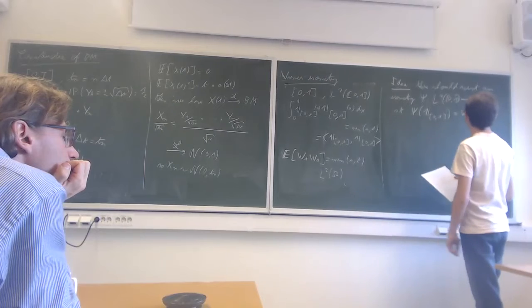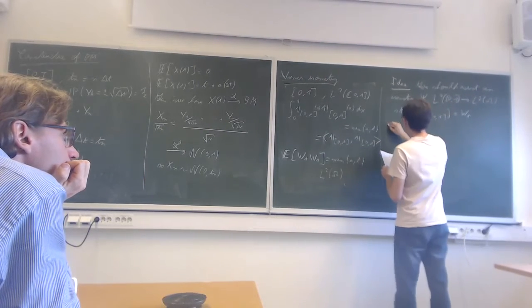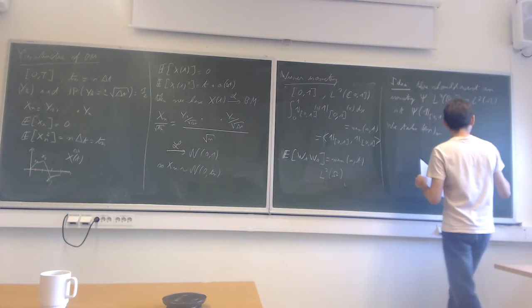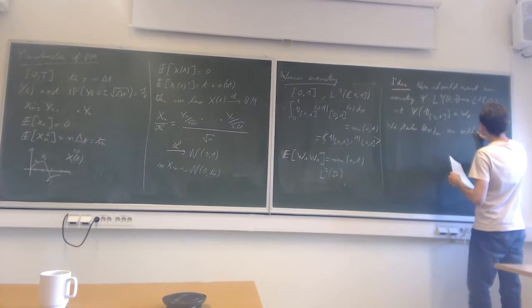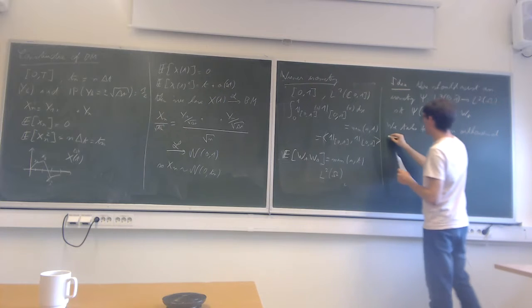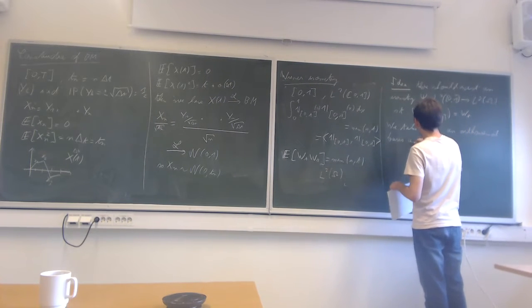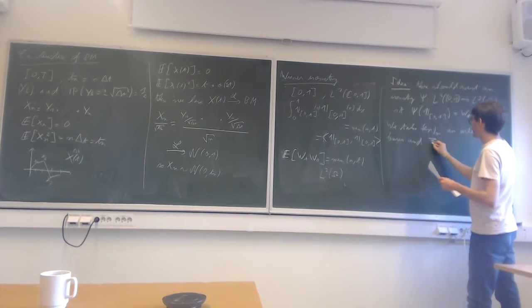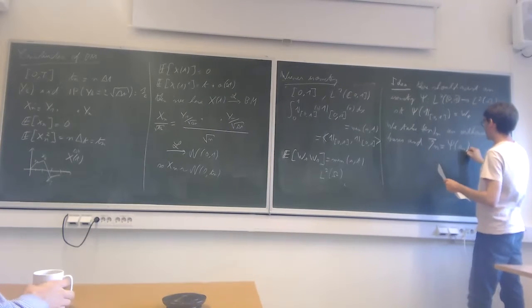Now, the good thing with Hilbert spaces is that we have an orthogonal basis. So you take an orthogonal basis e_n, and psi_n is equal to psi of e_n.